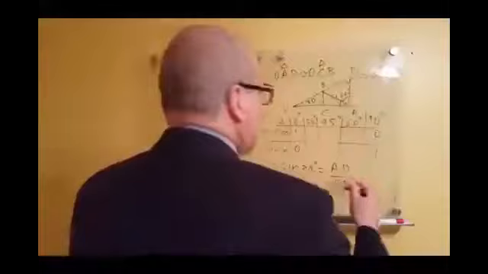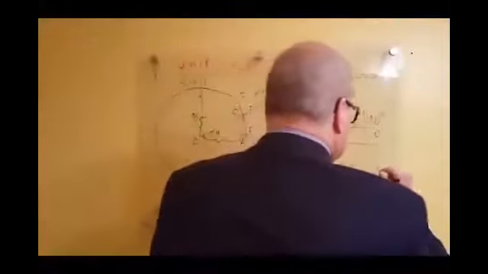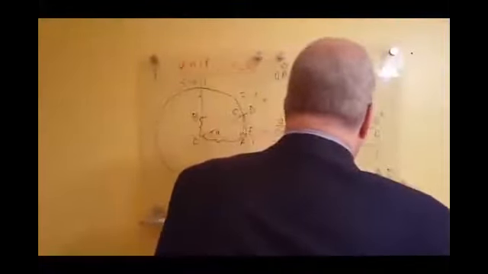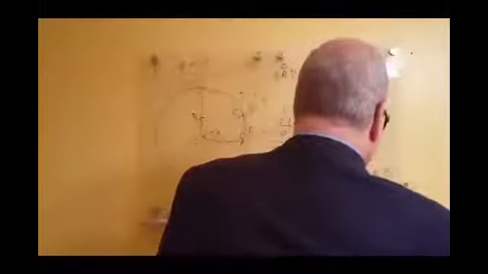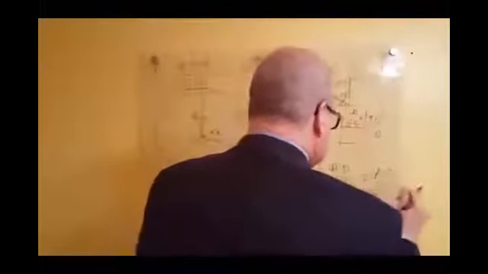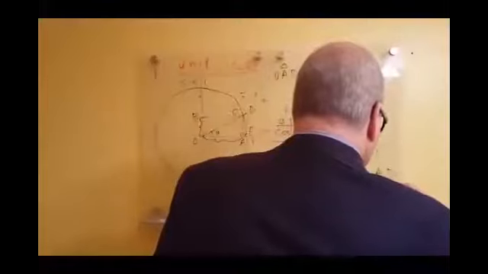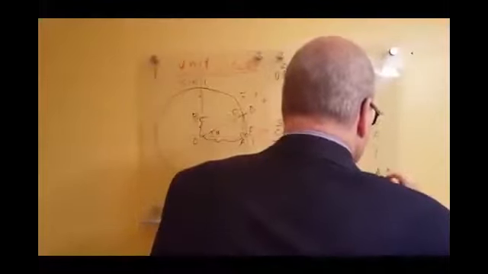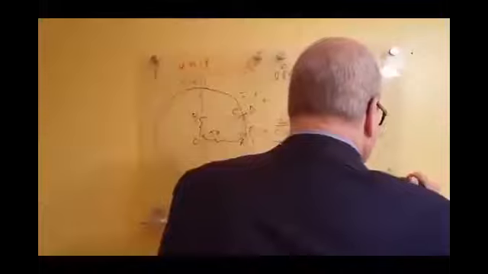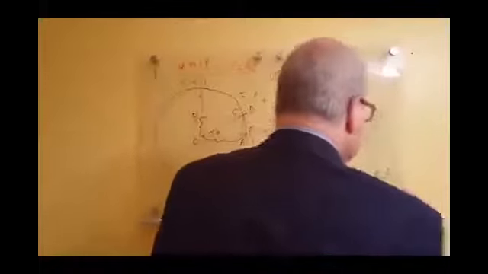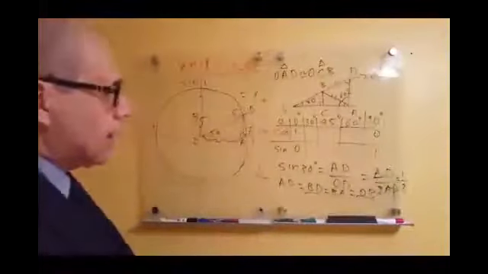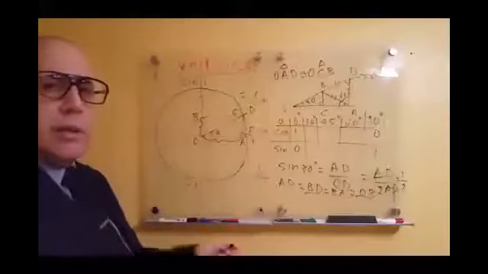So this here should be AD over OD, which we said is 2AD. So this with this cancels, and we have what we wanted: the sine of 30 degrees is 1/2.